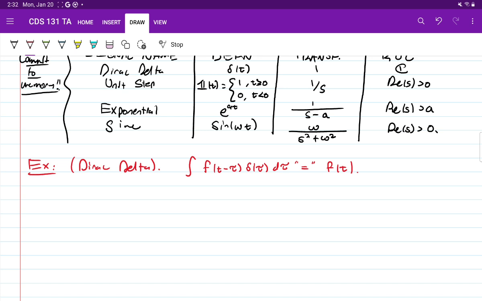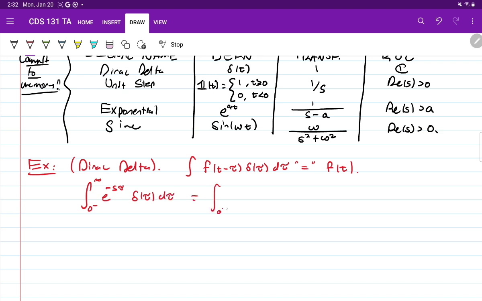If we apply this to the case of the Laplace transform, we're interested in computing the integral from 0 minus to infinity of e to the minus s tau, delta of tau, d tau.